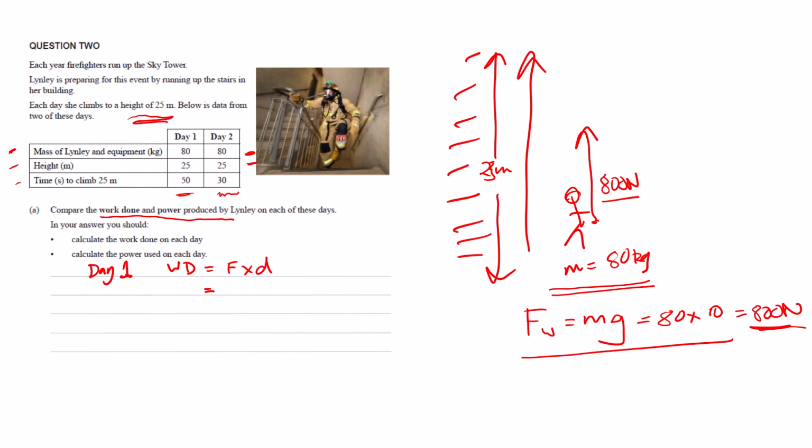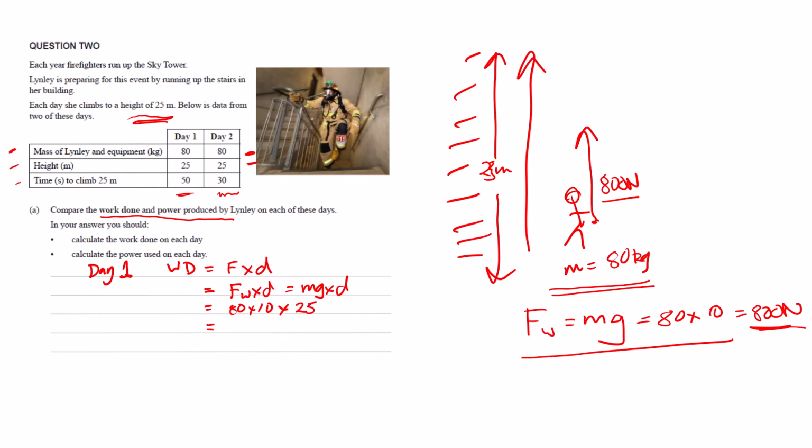So our work done is equal to the weight force times the distance, which is equal to weight, remember, mg times d, is equal to 10 times 80, times 10 is 800, times 25 meters.